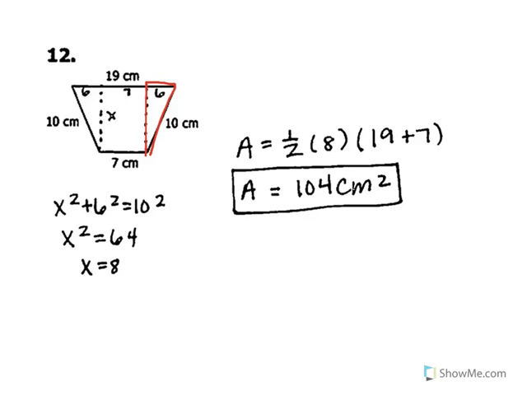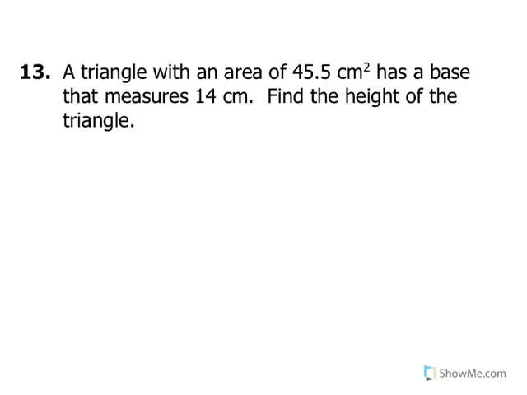All right, now I'm going to look at number 13. So 13 says a triangle with an area of 45.5 centimeters squared has a base that measures 14 centimeters. Find the height of the triangle. So we know that the shape is a triangle.